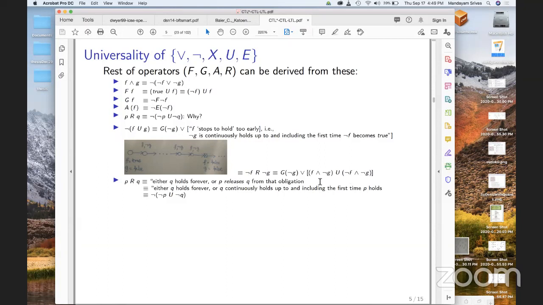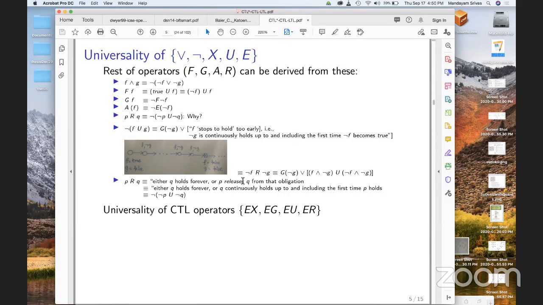We will see in the next slide, when I define something called negation normal form, which pushes all the negation to the atomic level, a useful thing to do when you're model checking these formulas, that there's an explosion if you restrict yourself to U. That is possible, but that's why you introduce R. So we want to keep R anyway, but R can still be expressed in terms of U.